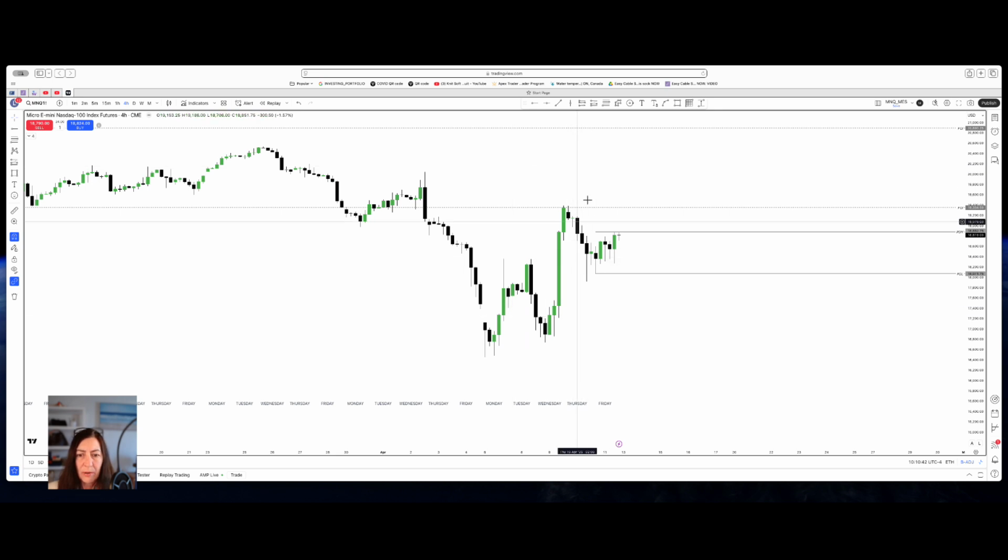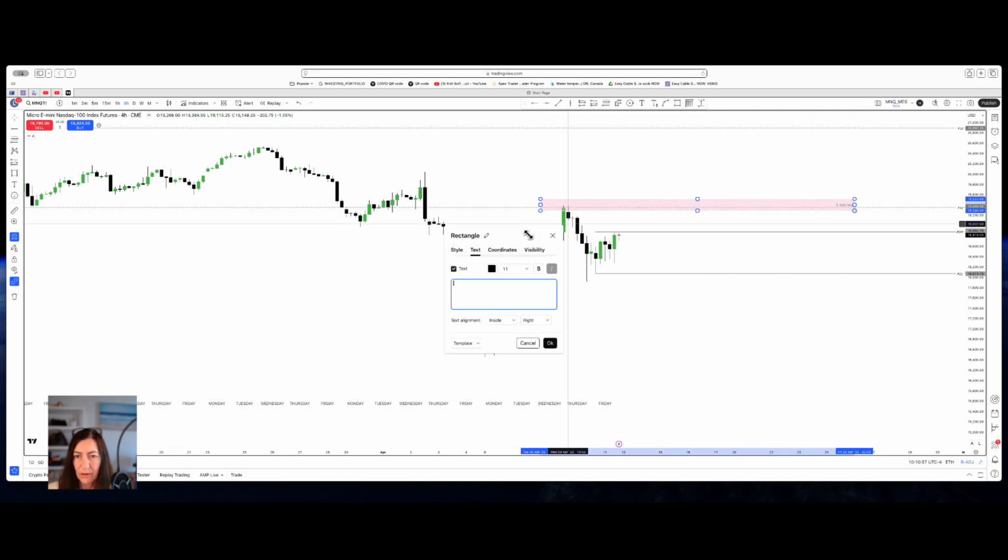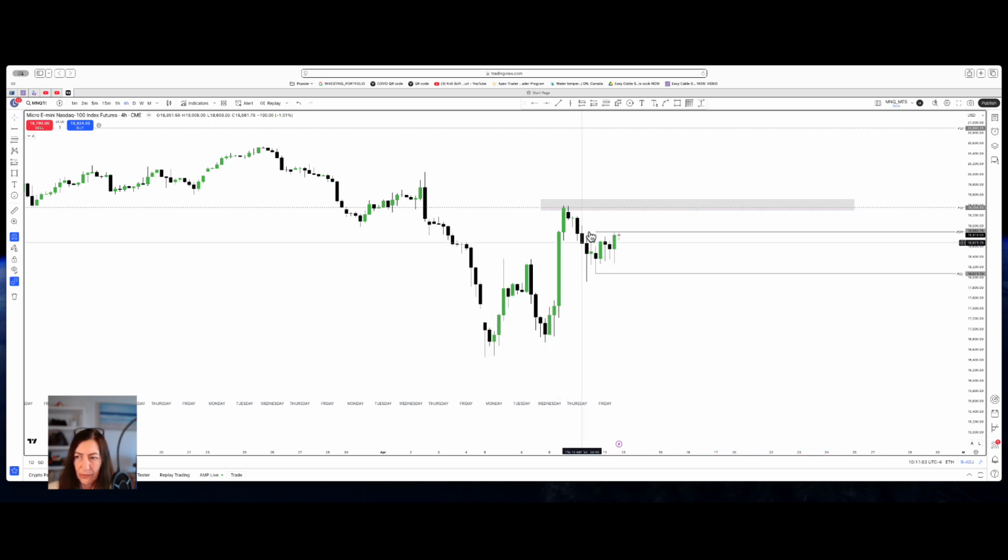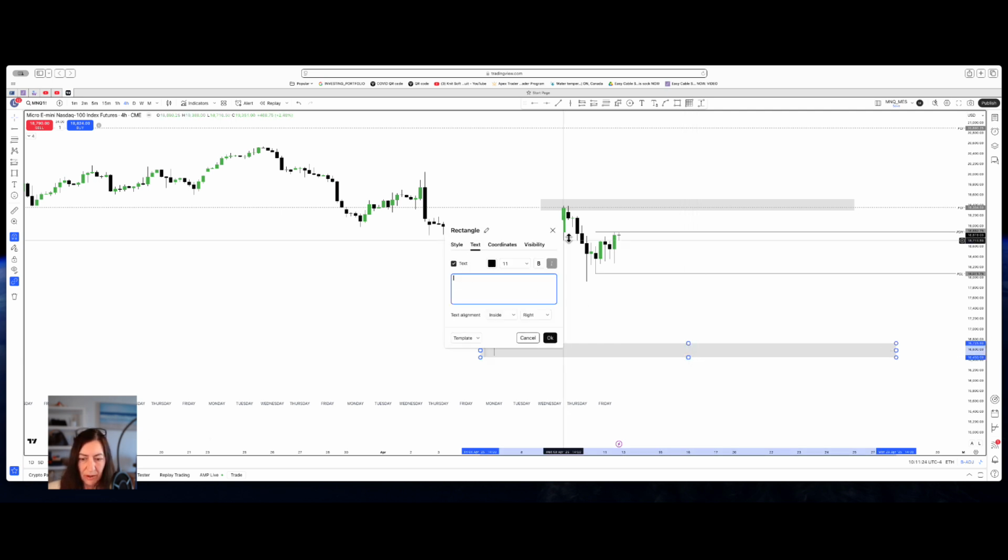In terms of the 4-hour, this is our swing low to swing high. So we have our demand area on the 4-hour.